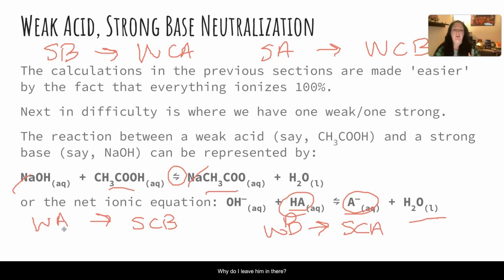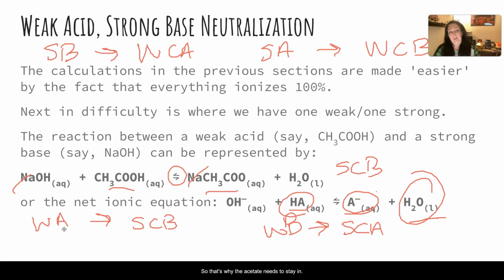Why do I leave him in there? Because if he interacts with an H+, where's an H+ going to come from? Well, remember, water will auto-ionize a little bit, so there could be an H+ floating around. And since this is a weak acid, that means this is a strong conjugate base. So if there's an H+ floating around, it will react and go back and create more of the acetic acid.